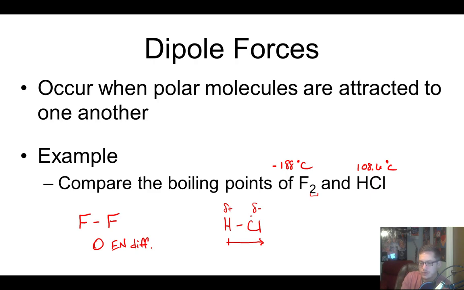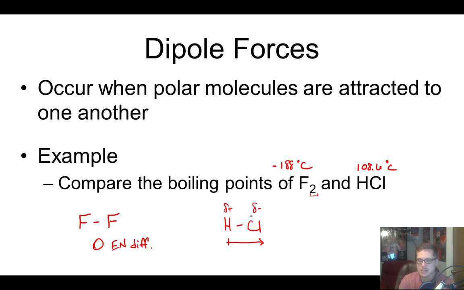They can get farther and farther apart depending on how much energy they have, and this energy is really dependent upon how hard these molecules are stuck together. Because hydrochloric acid is stuck together harder, it's harder to get apart, so it takes more energy, so you have to crank up the temperature. Then as they turn into a gas, they can get farther apart, and that means they have more and more energy.